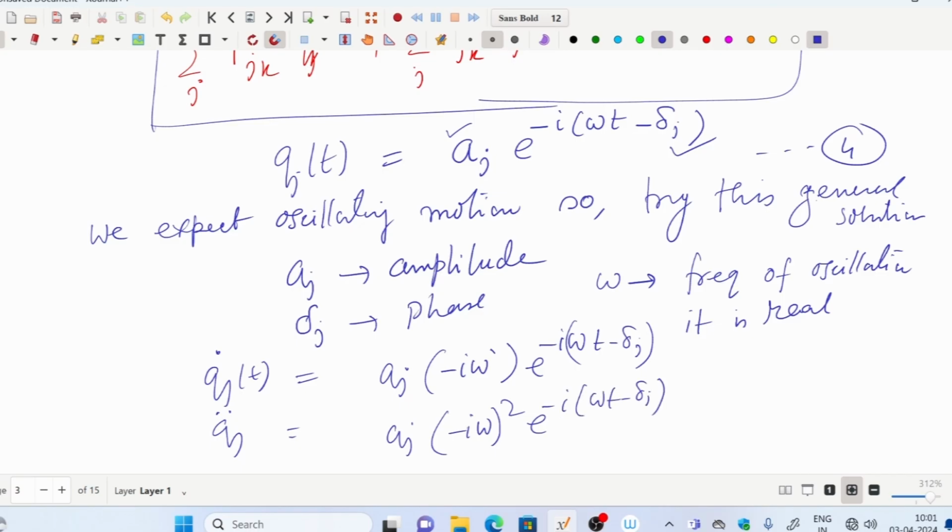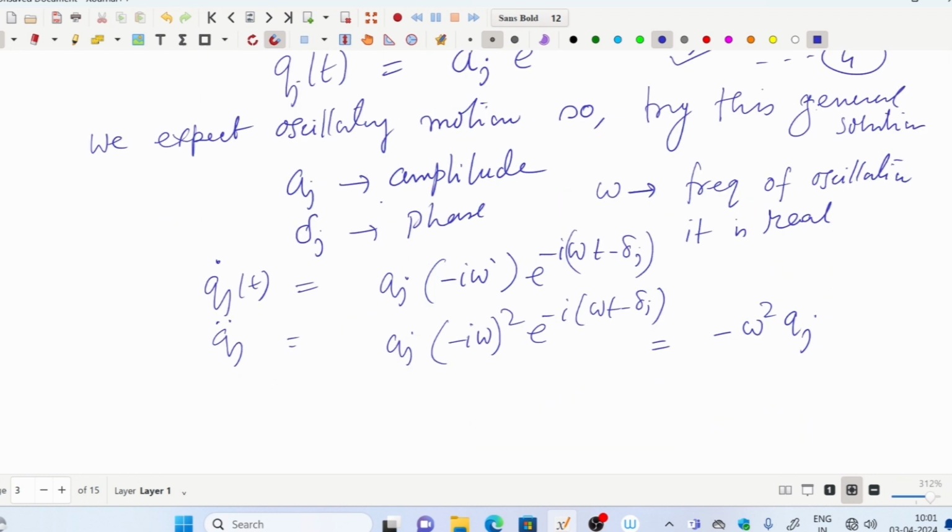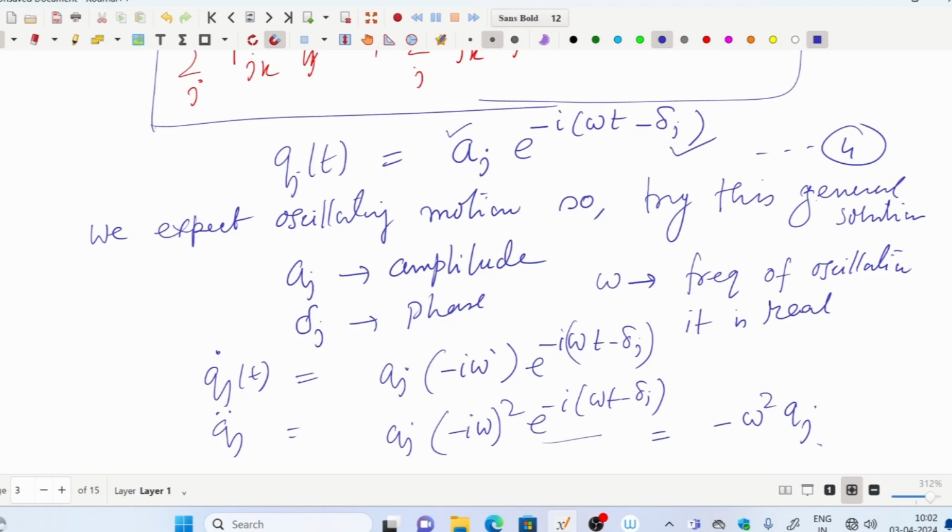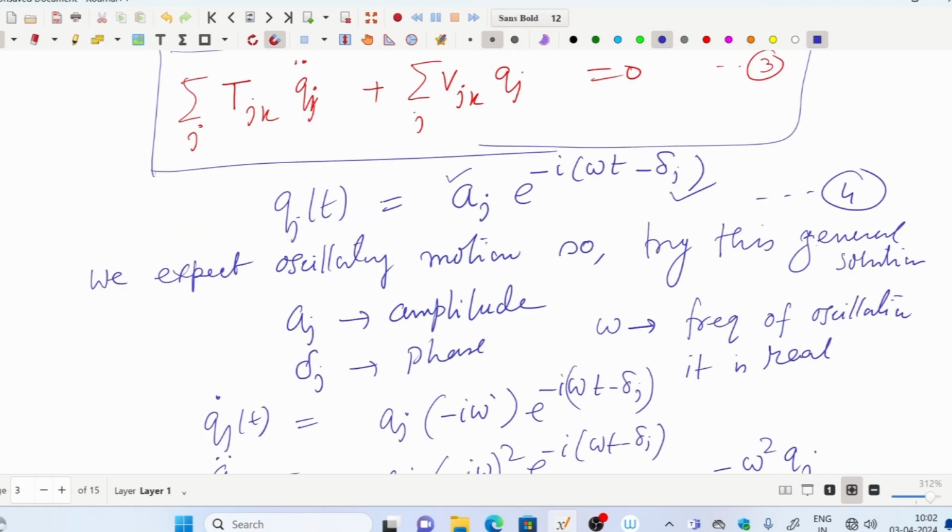This is simple differentiation, and you will find this is nothing but minus omega squared times q j, because minus i omega squared is minus omega squared.